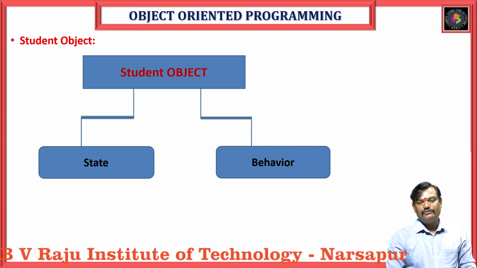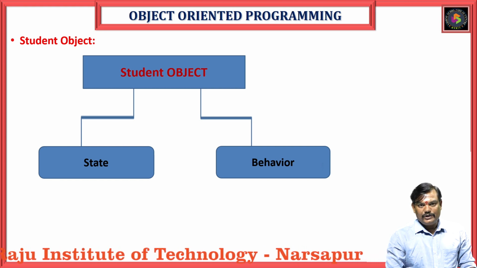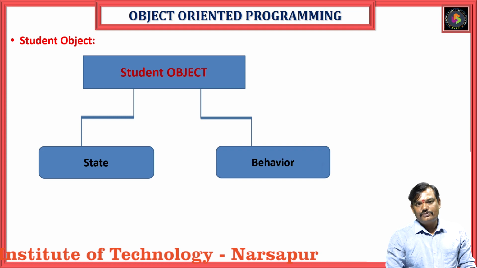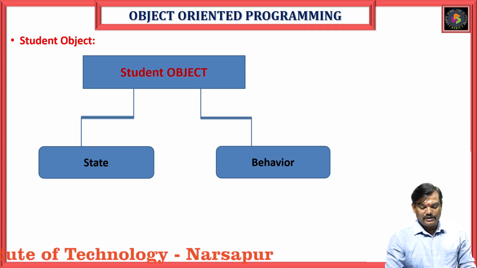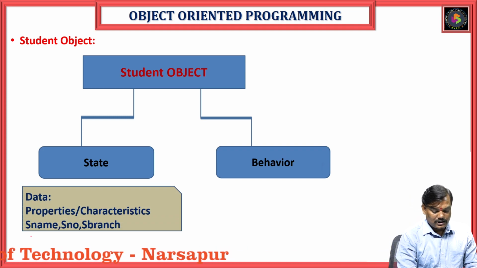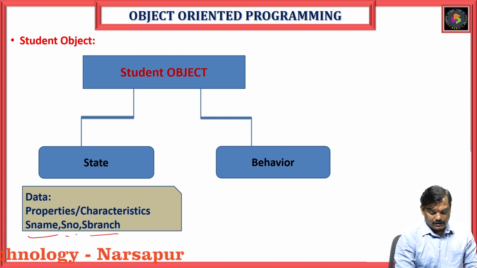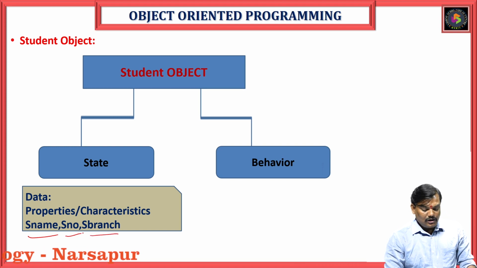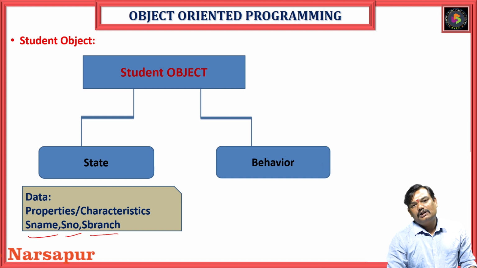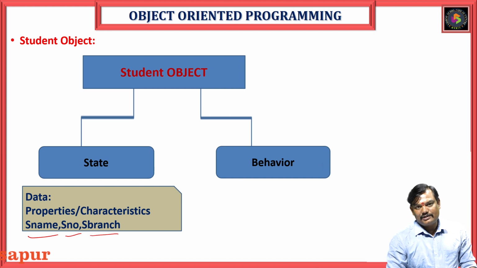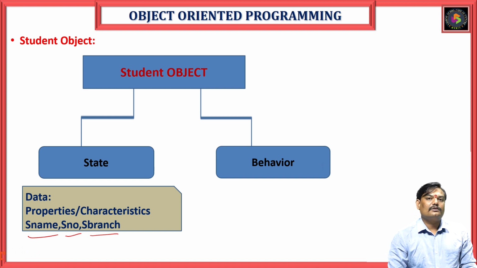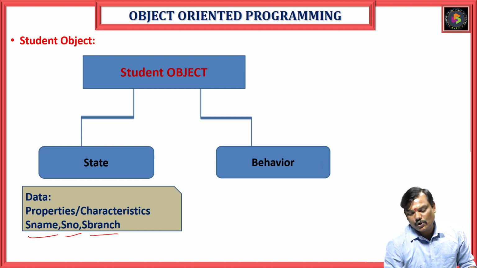So when I take a software object called student, the state of this student object always consists of a student number, a student name, and student badge. All these are called the properties, or we can also call them characteristics of an object. So the state of an object describes the properties or characteristics of a particular object.